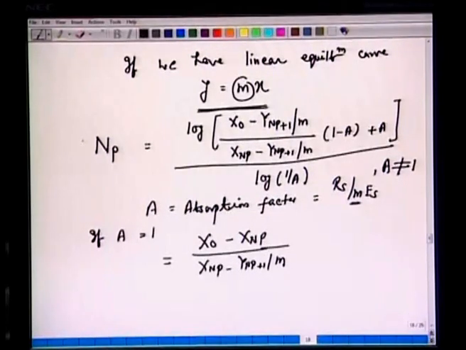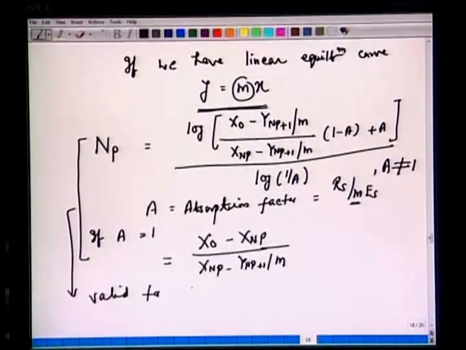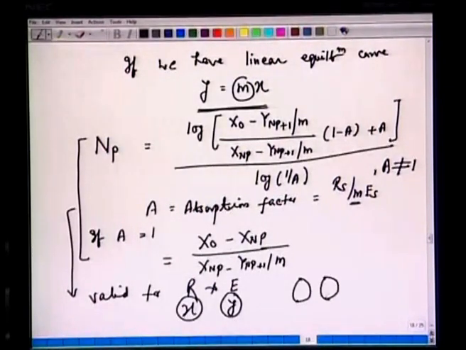We make a note that this expression is applicable for the R to E phase. We are discussing a transfer of components from the R phase, X, to the Y phase, and you should be able to obtain these expressions for this counter current case which we discussed just now.